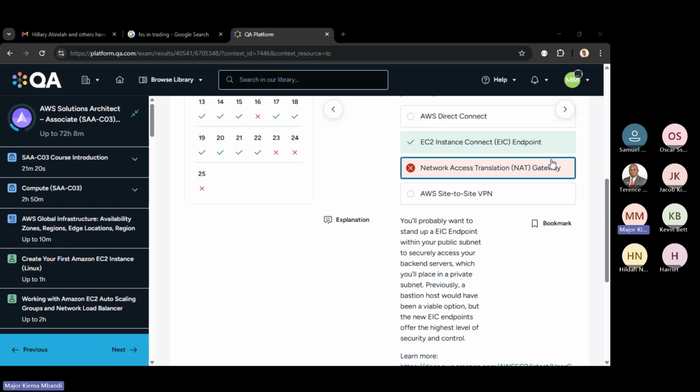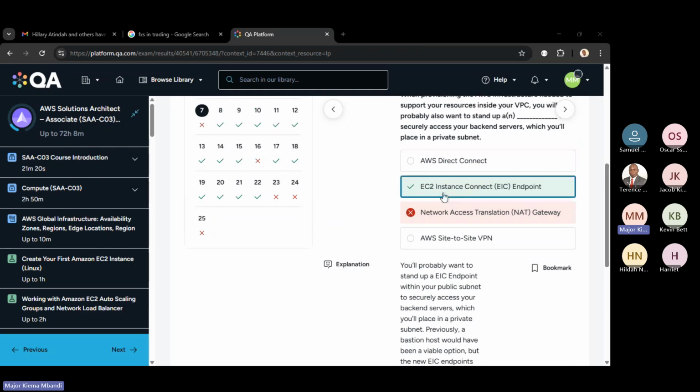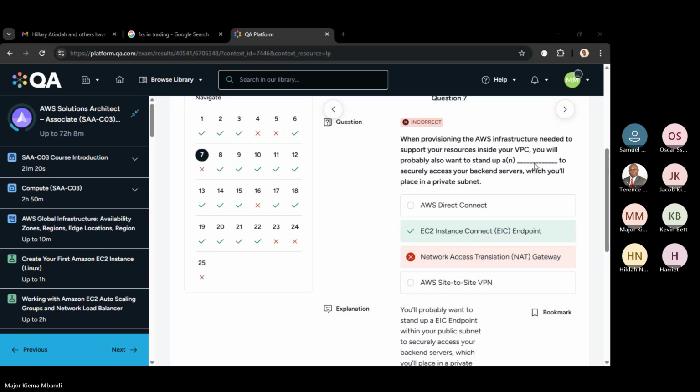Initially you would use a Bastion host placed in the public subnet, but now there is EC2 Instance Connect, which is a managed service. A Bastion host you have to manage on your own, and if you misconfigure it, it can lead to security incidents.